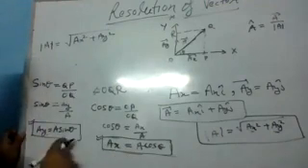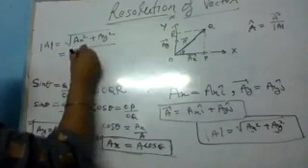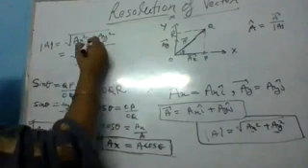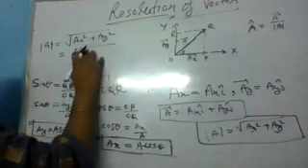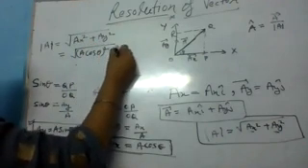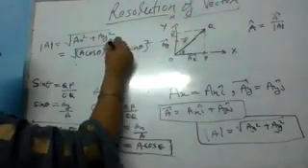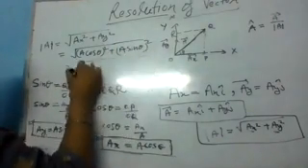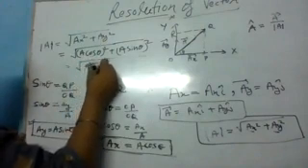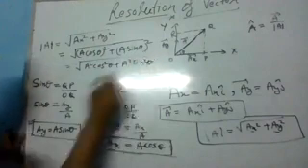So here you can put the value of A cos theta whole square plus A sin theta whole square, right? So this is A square cos square theta plus A square sin square theta.